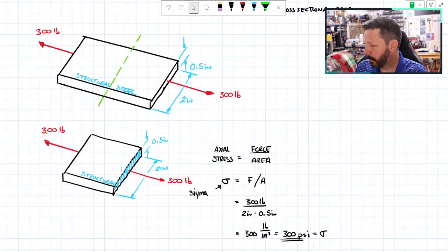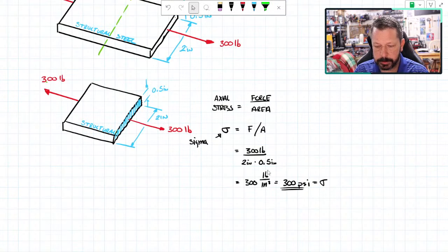KSI is a weird unit. We've been using US units here, pounds and inches. But there also are metric units, millimeters and so on, and the metric system has all of the prefixes like milli and kilo and mega and giga.